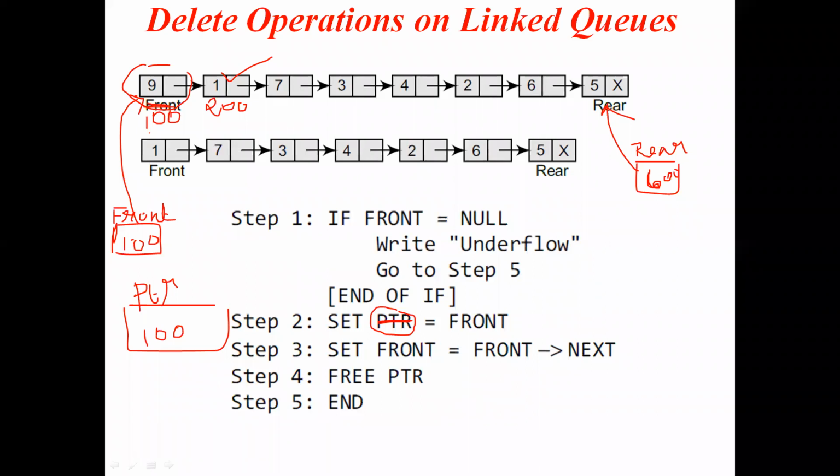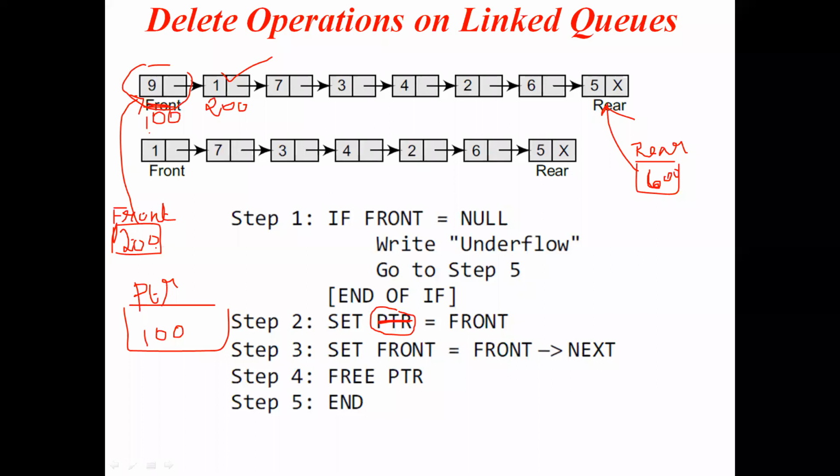200. Yes, thank you. So 200 is updated in the front variable. What I'm going to do, just erase this 100. I'll make it 200.